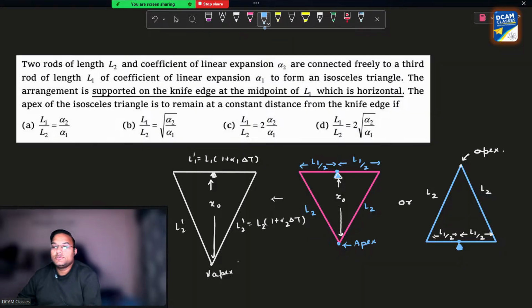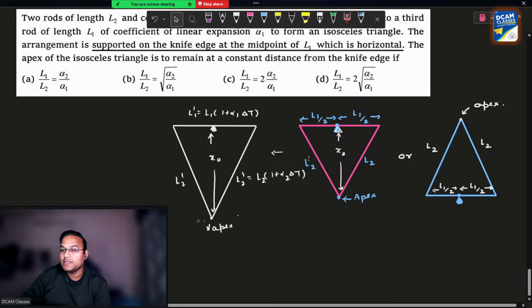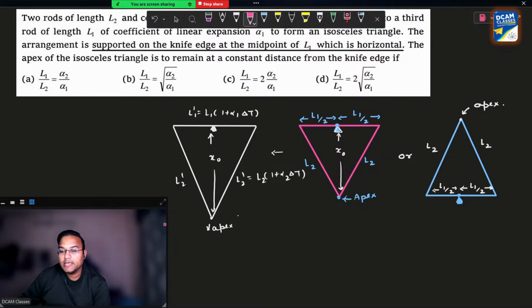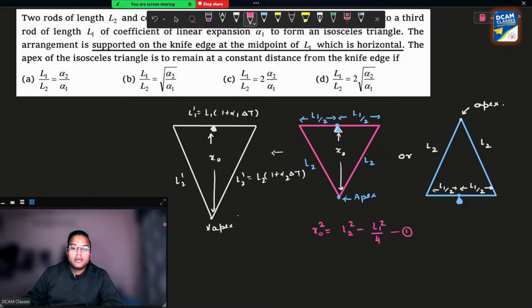Now our task is to find, in the initial condition, this distance was L1 by 2 and this distance was L2. Can I say x naught square is equal to L2 square minus L1 square by 4, right? Easy application of Pythagoras theorem: height square plus base square is equal to hypotenuse square.